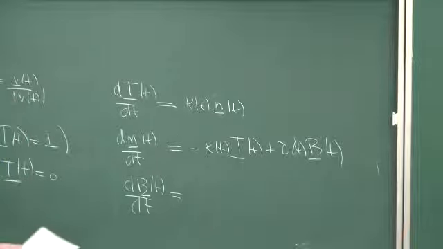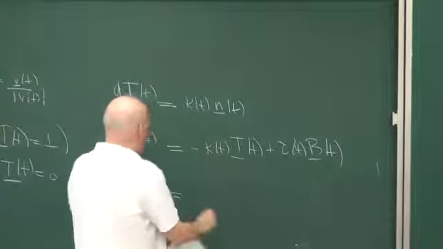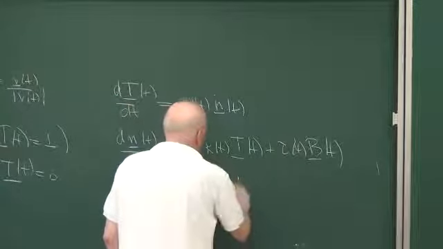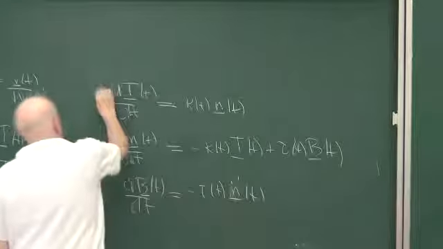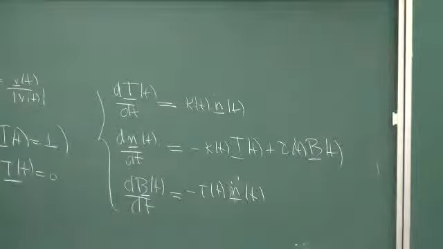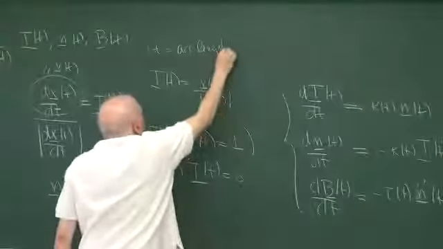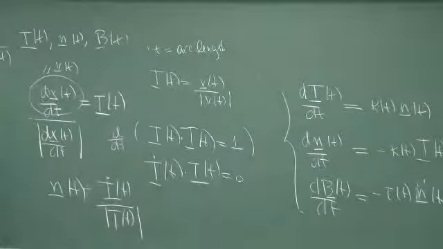And the b dt is minus tau of t times n. That's lowercase n. Is it arc length? It could be any parametrization, but let's use arc length, yeah.